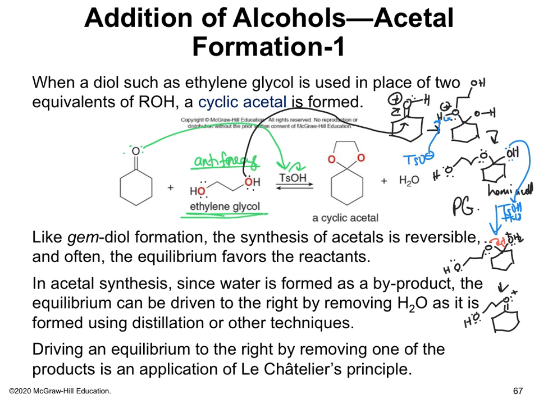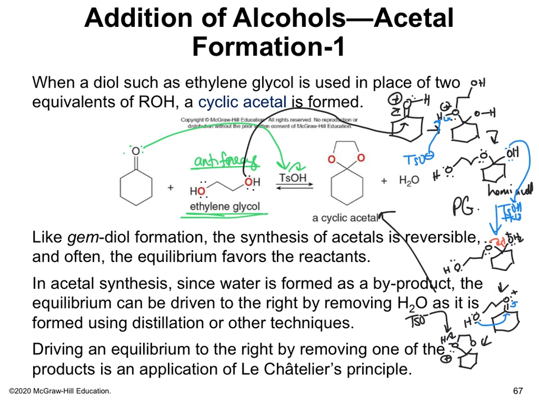Okay, so now you get another nucleophilic attack, and it's going to attack the activated carbonyl here. And then tosic acid is going to regenerate the acid by deprotonating. And that's how you get the cyclic acetal.